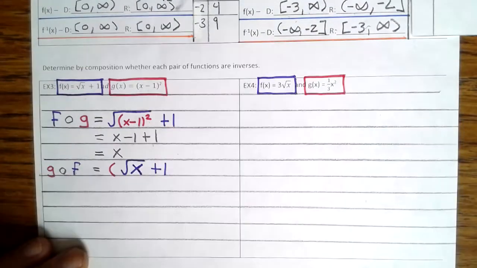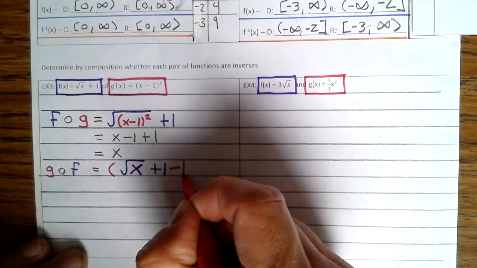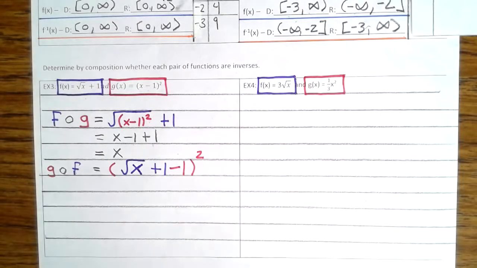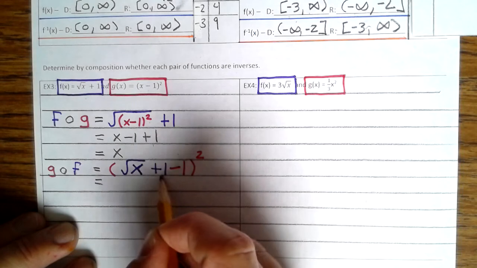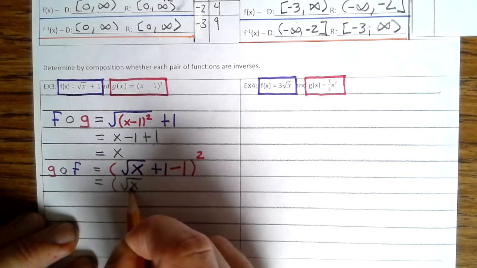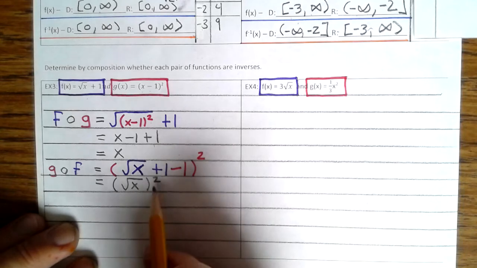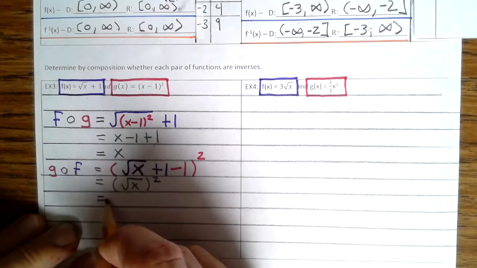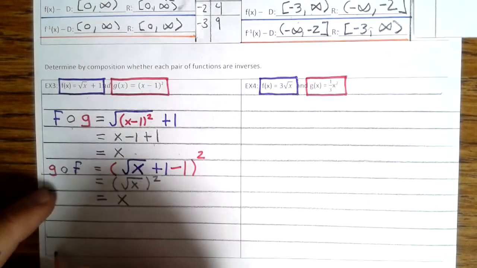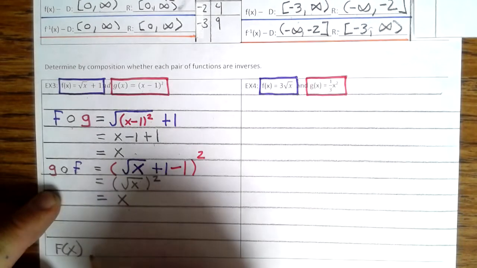Well, 1 minus 1 is 0. So then you're left with the square root of x squared, which the square unsquares the square root. So then you're left with x. Since f of g equals x and g of f equals x, we can say that f of x and g of x are inverses. Okay, so go ahead and finish up example 3.